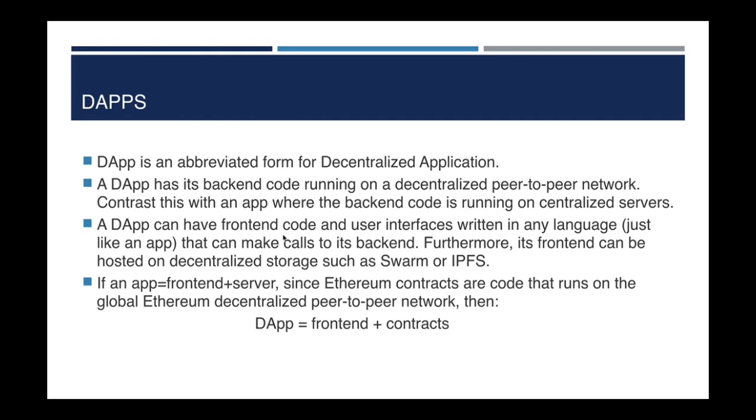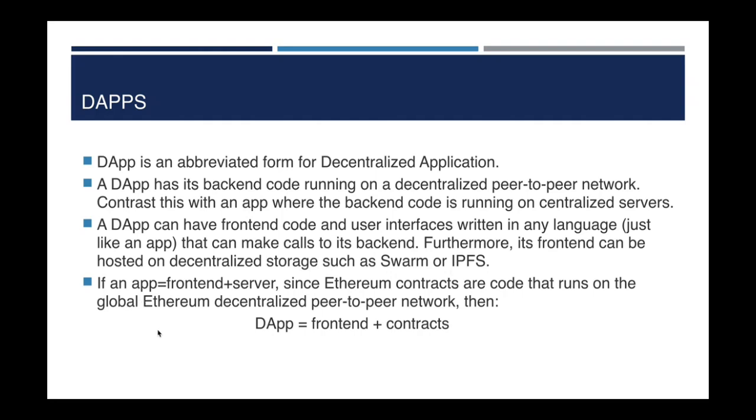A dApp can have front-end code and user interfaces written in any language, and these can make calls to the backend which is running on the peer-to-peer network. Furthermore, its frontend can be hosted on decentralized storage such as Swarm or IPFS.